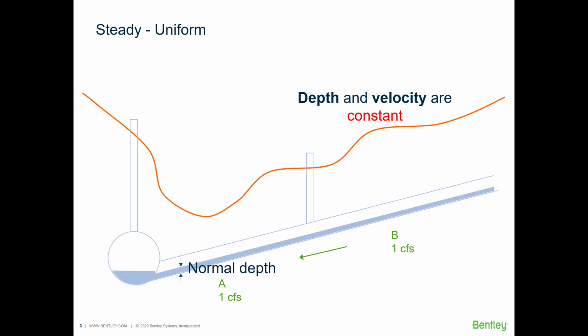But we're assuming they're not, because the assumption of steady is that the flow stays the same over time. You could solve the network by hand if you had the time. You could use a program like Bentley FlowMaster for a single element, or you can use a steady state solver.